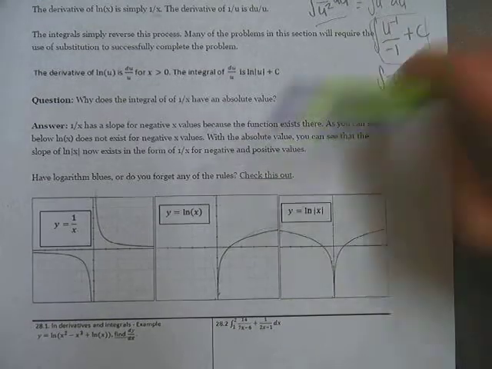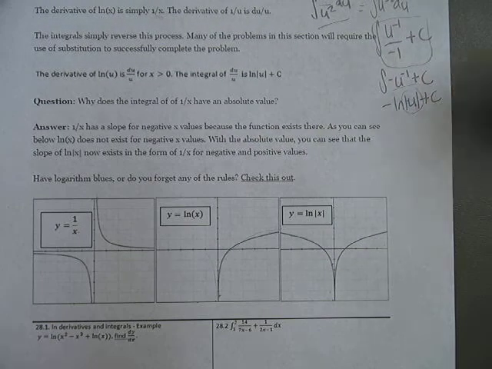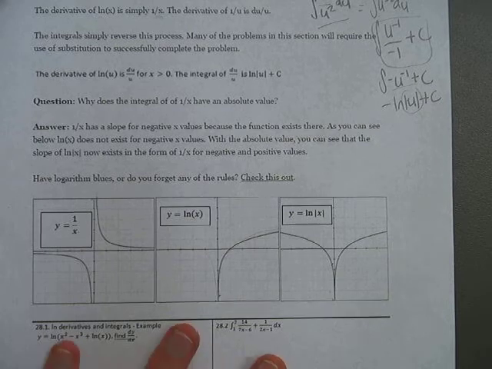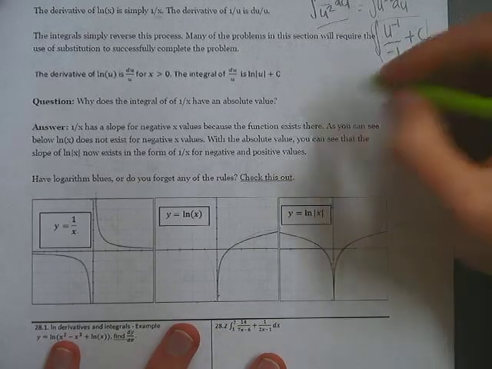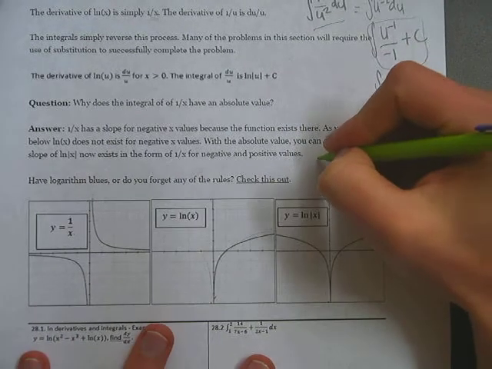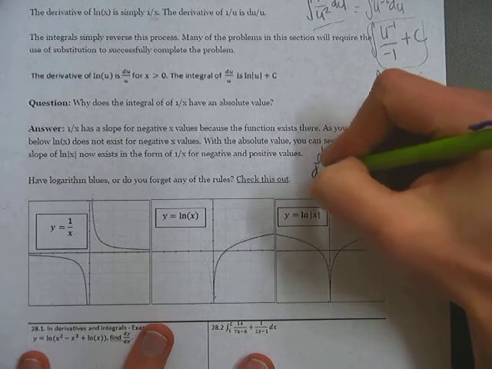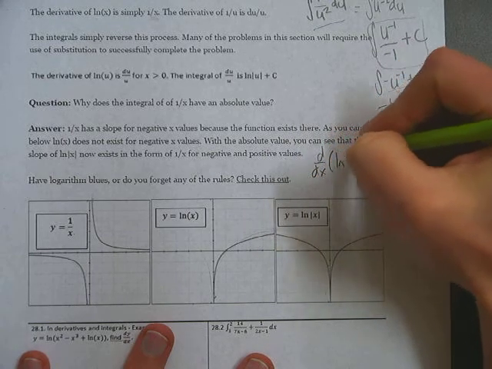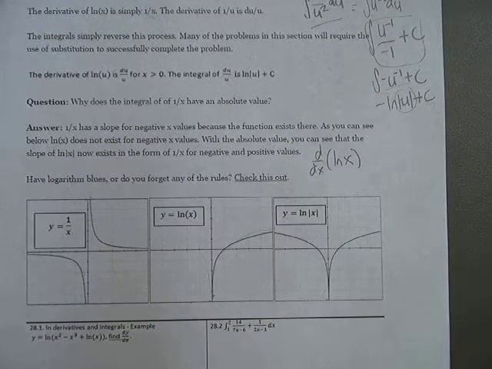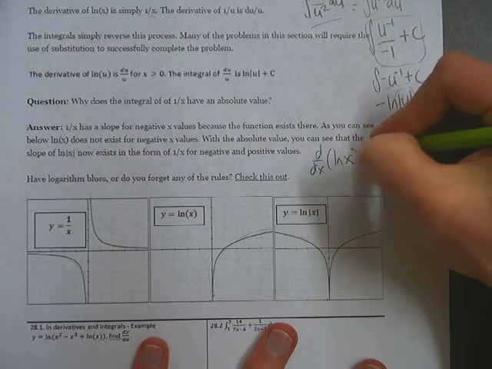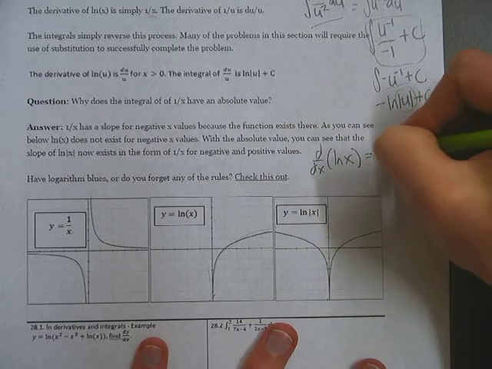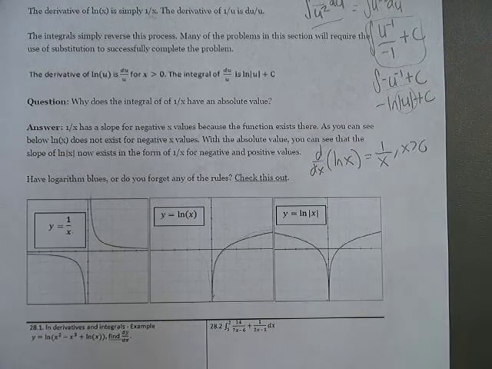Okay, so that's the reason why we have the absolute value. So you always need to have the absolute value when you integrate 1 over x. We don't need the absolute value in any other case. If we think about derivatives, like the derivative of natural log of x, if I don't have an absolute value, it is 1 over x, but it's technically 1 over x only for x greater than 0 because natural log of x doesn't exist for x less than 0.